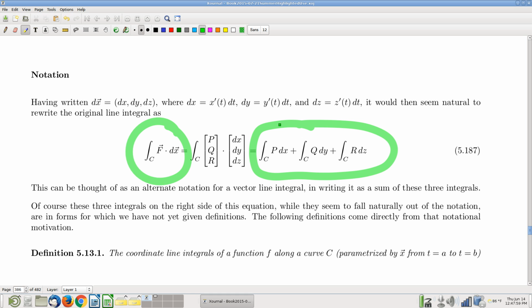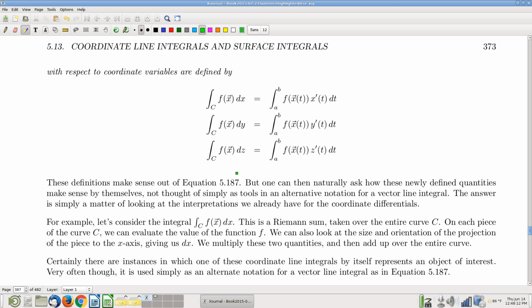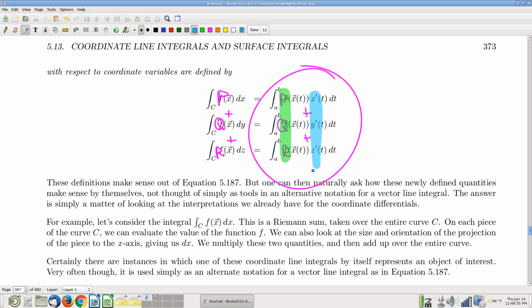Rhetorical question. What does this help us compute? Not really anything. If you think about it, how would you go about computing this thing here? Well, the way you'd compute the sum of three such things, p dx plus q dy plus r dz, is you'd compute the sum of these things in which you can explicitly see there's your vector field, there's your velocity vector.